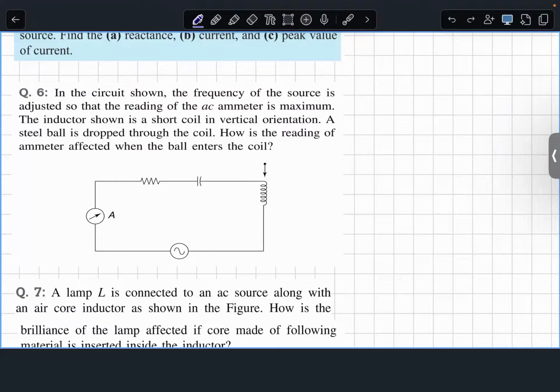No. What is the initial condition? Initially circuit. Already we have done this.